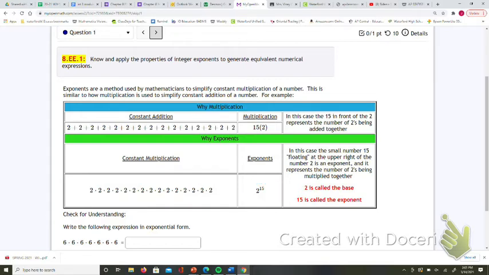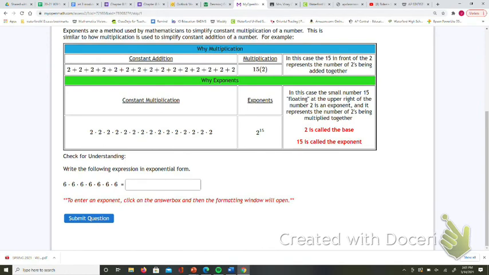So now our job is to write the following expression in exponential form. We start out and we count all of the 6's. So we have 1, 2, 3, 4, 5, 6, 7 6's. Okay? So we write that as 6 to the 7th power.